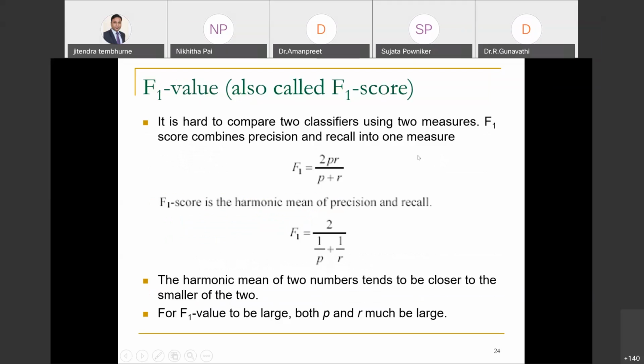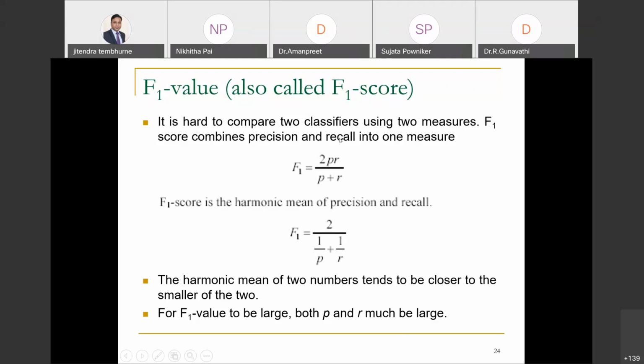Another measure is called the F1 value, or F1 score. It is hard to compare classifiers using two measures. Now we have two measures, one is precision and another is recall. By using precision and recall separately, it is very difficult to compare how a particular classifier performed. So we can combine those results into an F1 score.